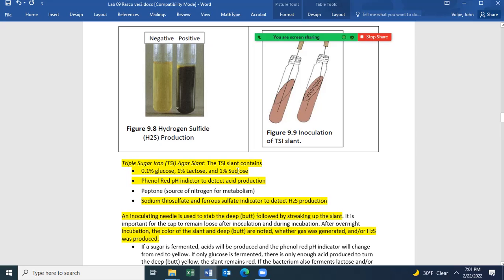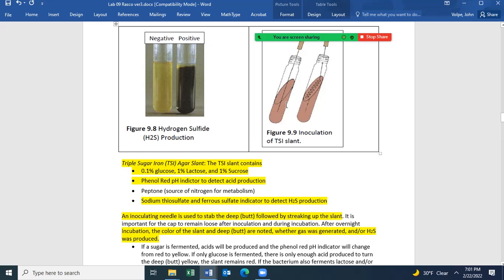So if fermentation occurs, it will be yellow, but you don't know which sugar has been fermented. It could be glucose, could be lactose, it could be sucrose. And we'll talk a little bit more about that. There's also a pH indicator, phenol red, and that's what determines whether the color is reddish or yellowish.